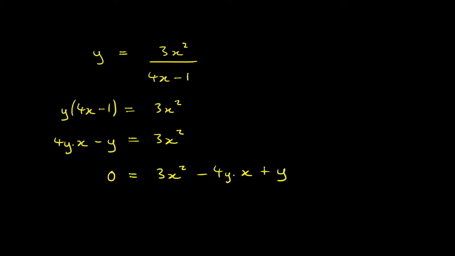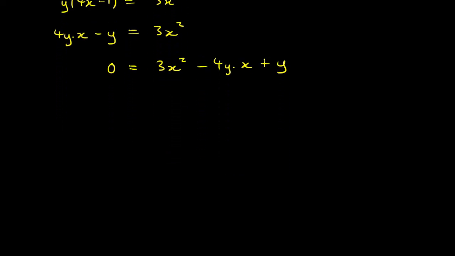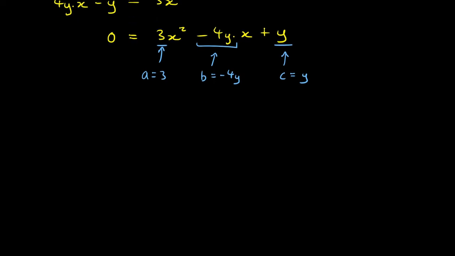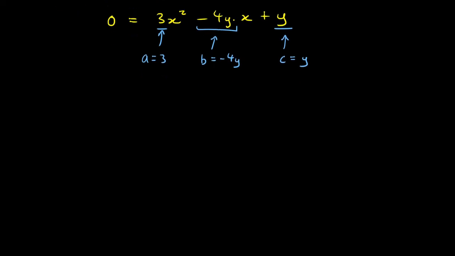And the thing that I want to show you is that this is actually a quadratic, right? It's quite sneaky, this. This is our a term, so a is equal to 3. This here is our b term, so b is equal to negative 4y. And this guy here is our c term, so c is equal to y. So what we can do is solve the quadratic to find x by using the quadratic formula.